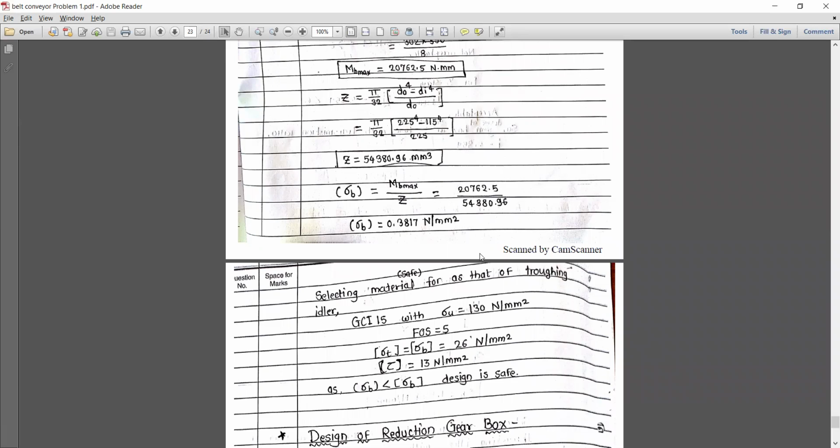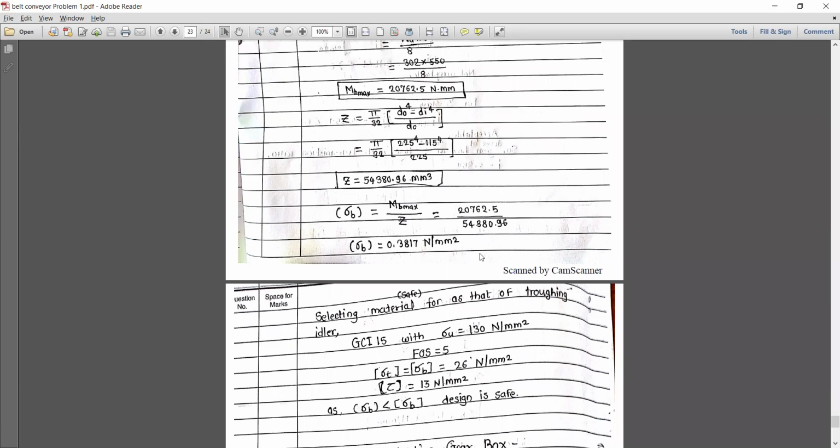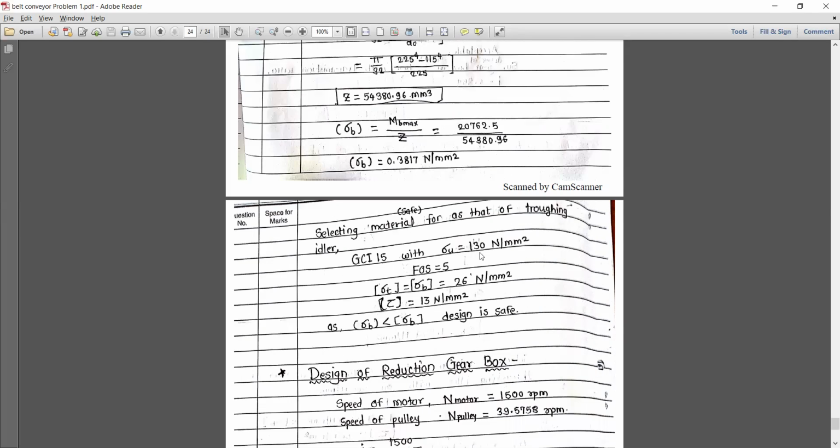Now we have the diameters, DO is equal to 225 and DI is equal to 115. Putting all the values, Z is equal to 54,380 Newton per mm cube. Now the induced sigma B is equal to MB max divided by Z. What do we get? The induced sigma B value is 0.3817 Newton per mm square.